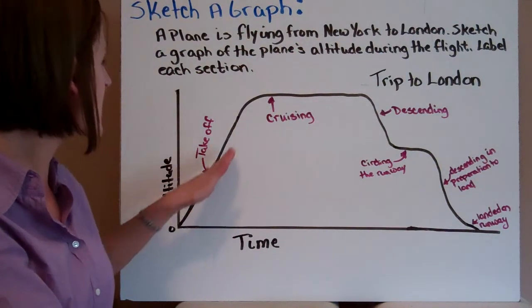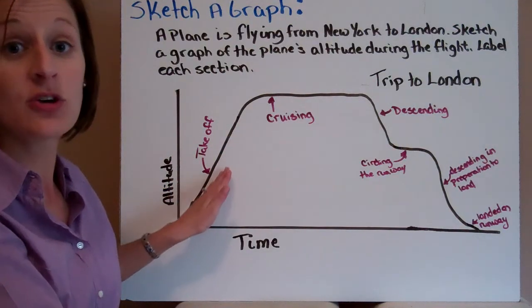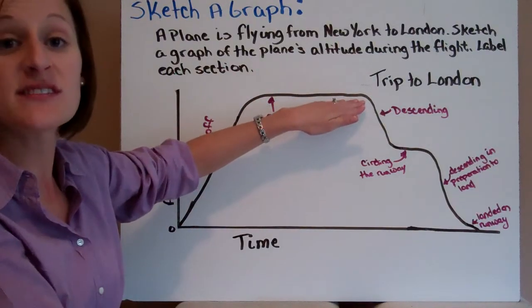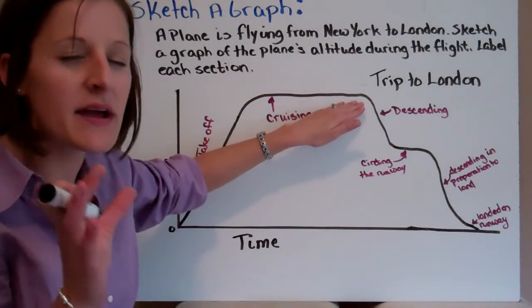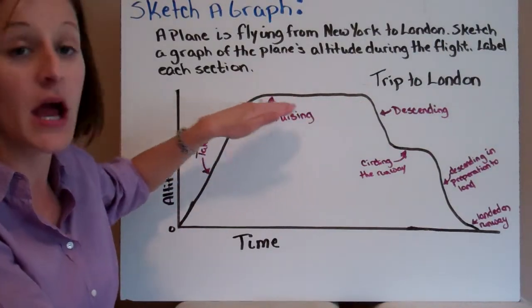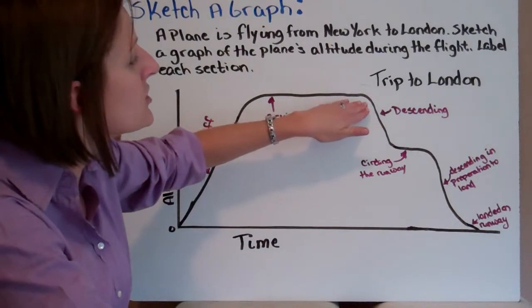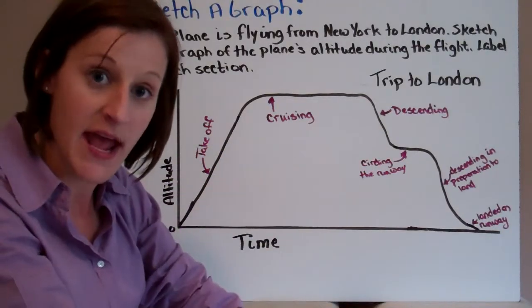So this section of my graph basically shows my takeoff and my increasing in altitude till you get to the flat part of the graph, where I'm spending most of my time in my altitude, where I'm not going to increase or decrease, I'm going to stay at one level. Then you descend right here. As you're preparing to land, you're starting to go down.